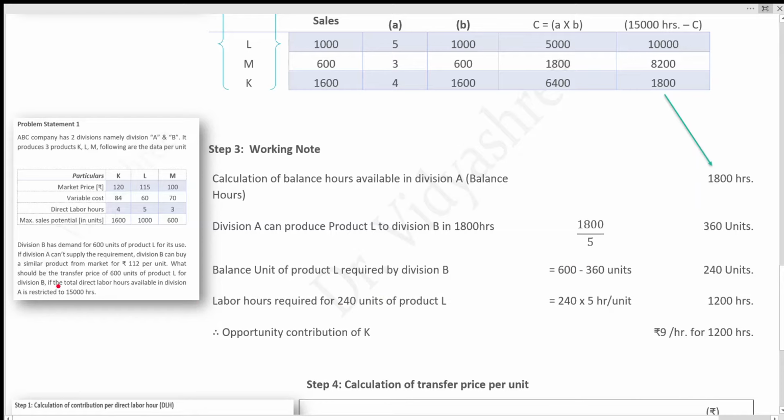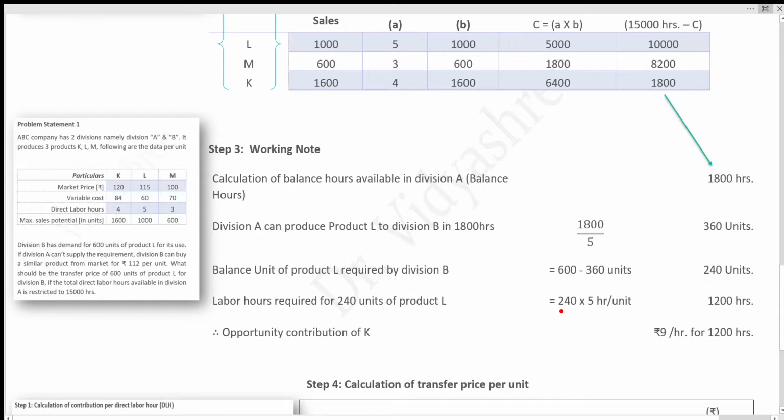Well, but if you see the question, division B is actually demanding for 600 units. So actual demand is 600 units, but we are able to currently produce 360 units. So 600 minus 360, still we have to produce 240 units. So let's understand how many hours is needed to produce 240 units.